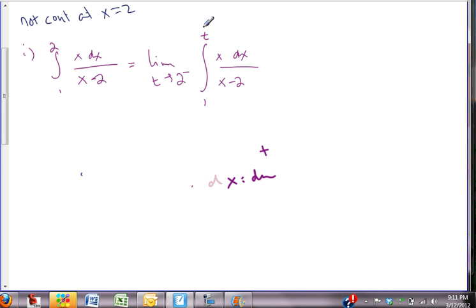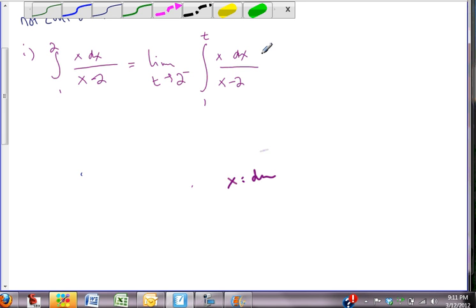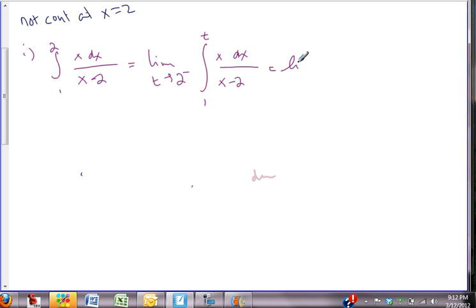Or I'm going to break it up in a different way, just use a little bit of algebra. I'm going to write that as the limit. Remember, in a lot of these problems, there's more than one approach to it. And I'm just noticing if I subtract 2 and add 2, I can break it up into 2 fractions.